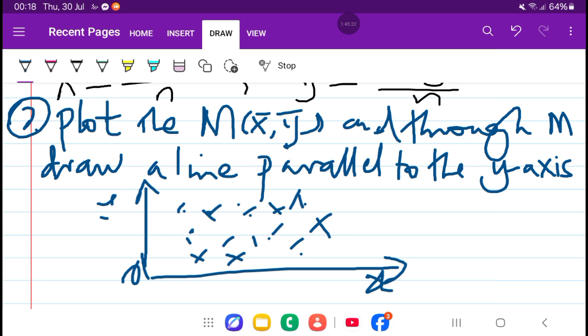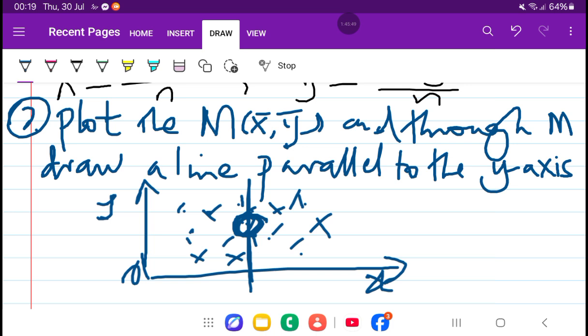Now the next thing that I do, I bring this M, I plot this M. This will be a new figure. So if I plot it and it's maybe here, that's where it is. Then I draw a line parallel to the y-axis. This is my y-axis. I draw a line moving like this, moving downward.